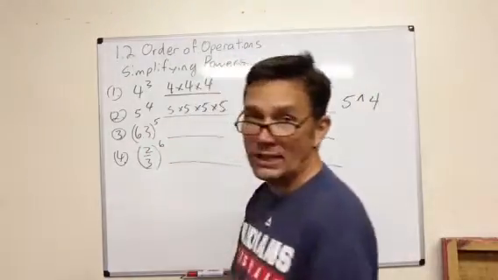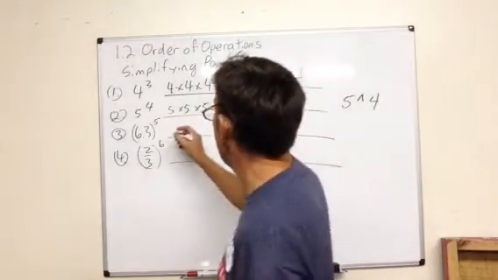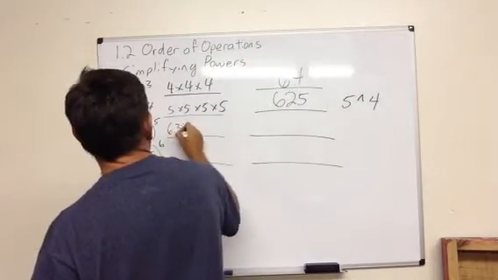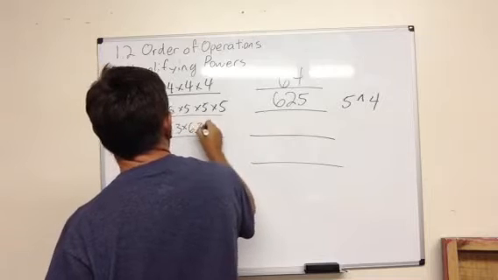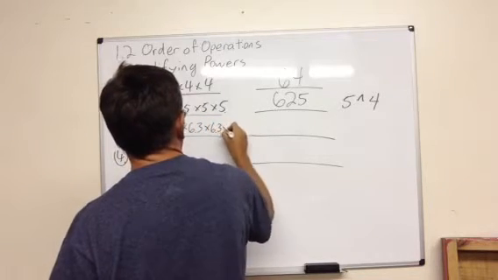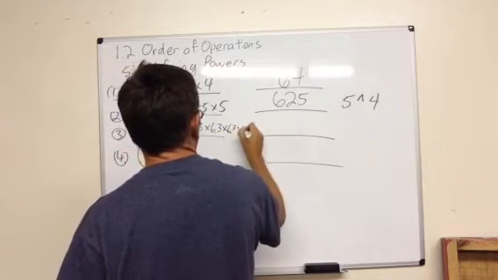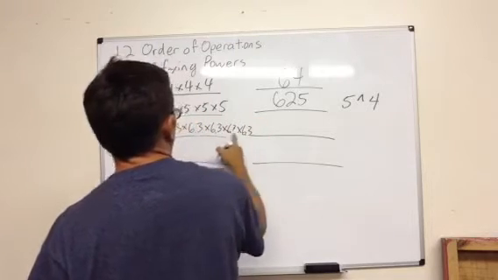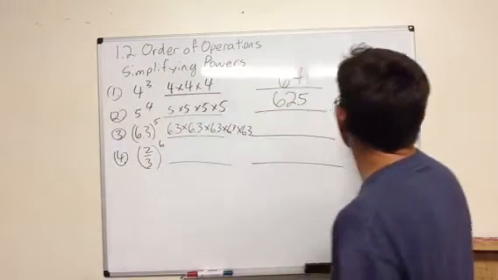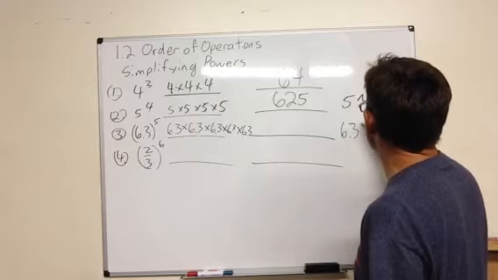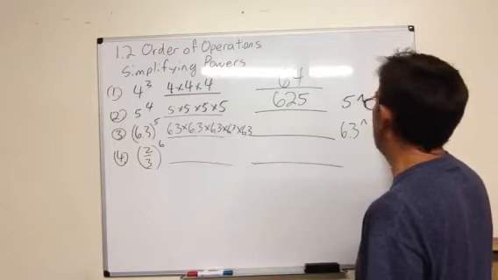Now we can also include decimals. We have 6.3 to the 5th power. So we have to write 6.3 five times. 1, 2, 3, 4, 5. So, it's 6.3 caret 5.